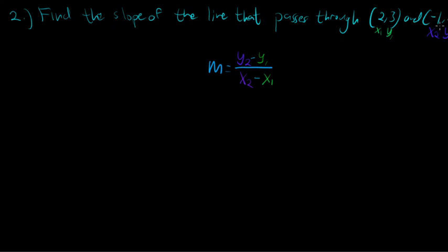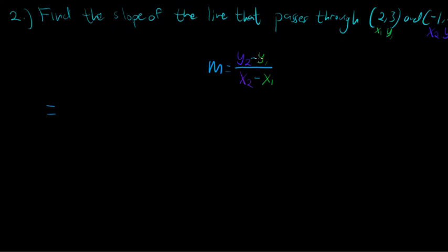Now if you call (-1, 2) your first point and (2, 3) your second point, it really doesn't matter. I'm pretty sure we will arrive at the same answer. Now we are done labeling, let's try and plug them into this formula.